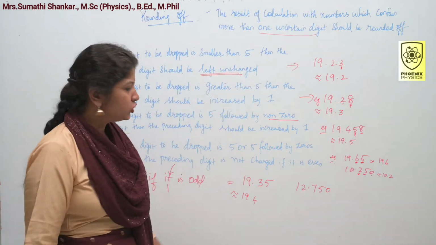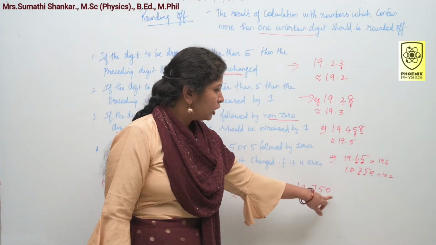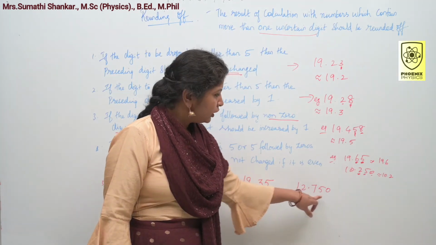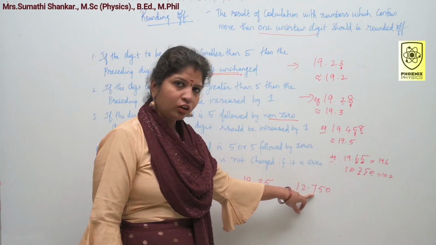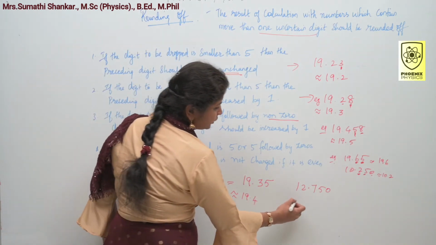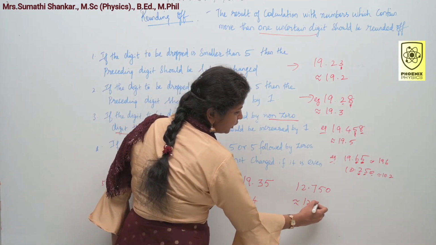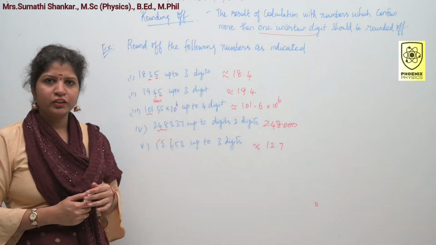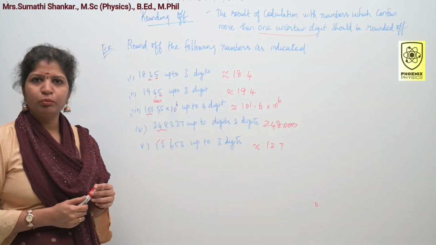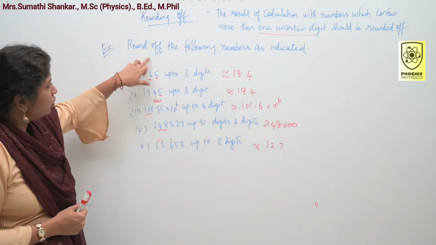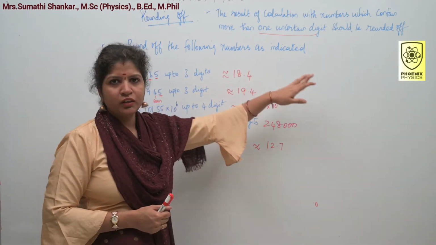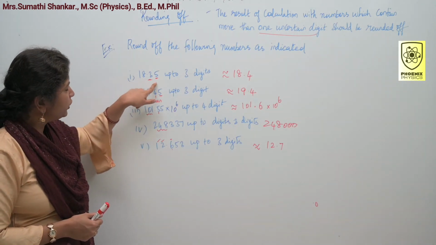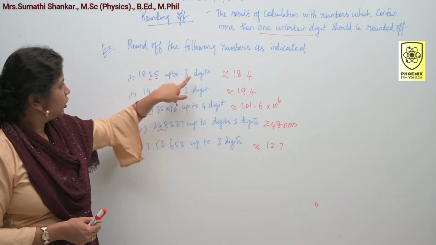Here the digit to be dropped is 5 or 5 followed by 0 and the preceding digit is an odd number. So you can write it as 12.8. Based on the rounding off explanation, one example problem is given. Round off the following numbers as indicated. Look at the first example, 18.35 up to 3 digits.